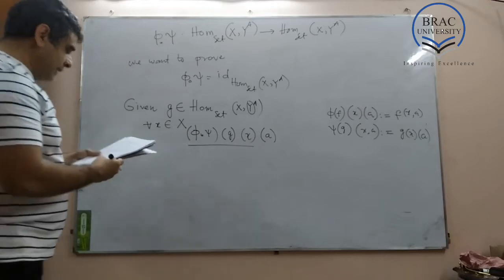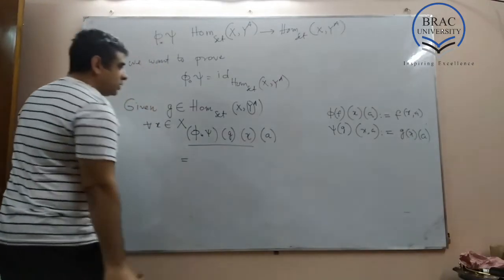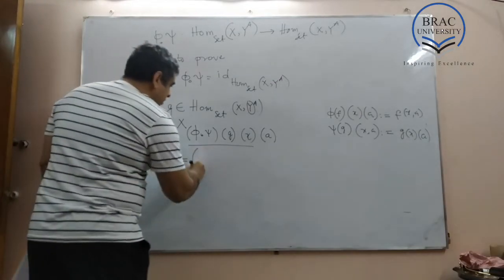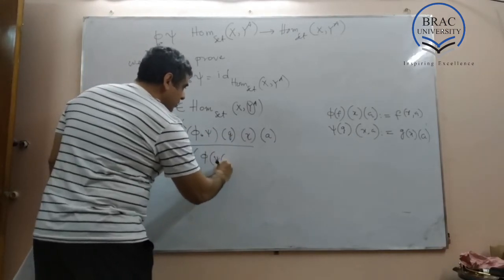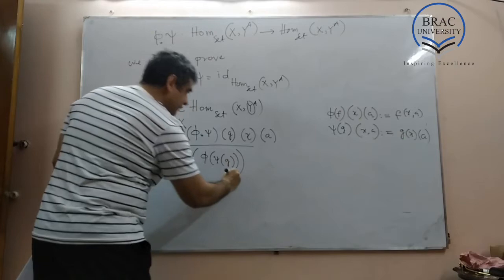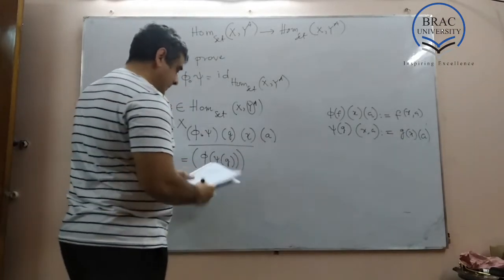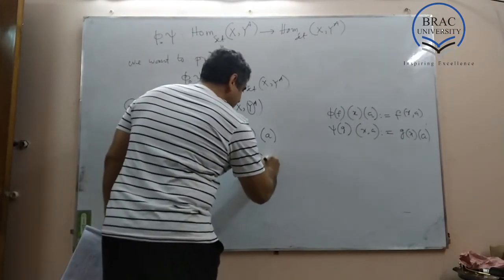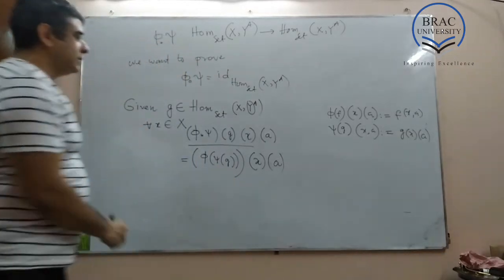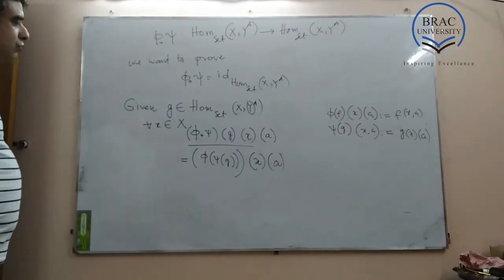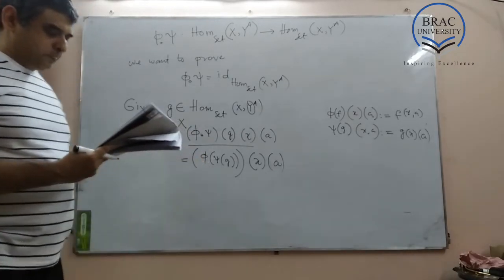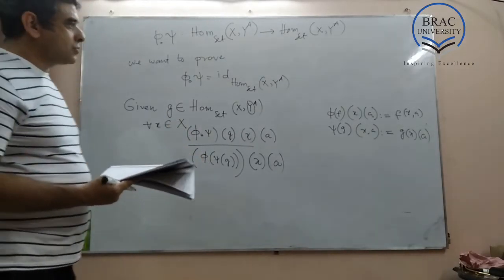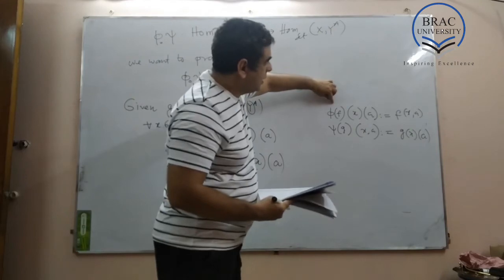So using the idea of composition, you see that this is nothing but psi of g, A. Right? And now we use the definition of phi first. So the definition of phi goes here.